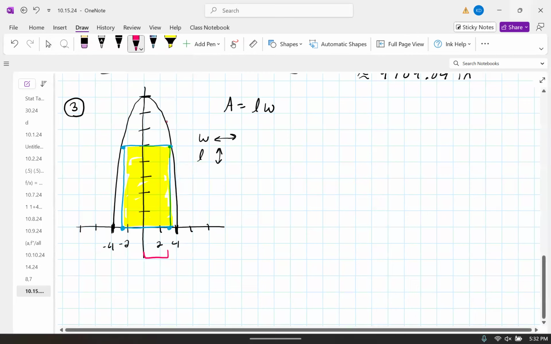We don't know what that distance is, except I know it's X. And I know this distance on the other side is going to be the exact same thing since the rectangle is symmetric. So the width is 2X.